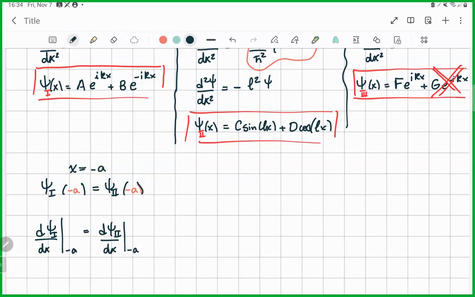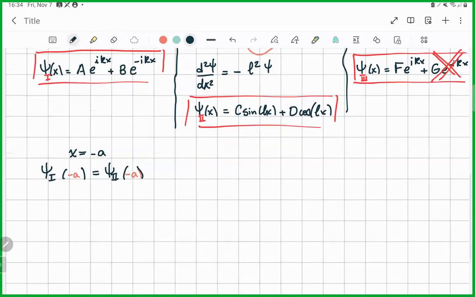Now let's go step by step. I'm going to erase this part and first write that the functions have to be equal.